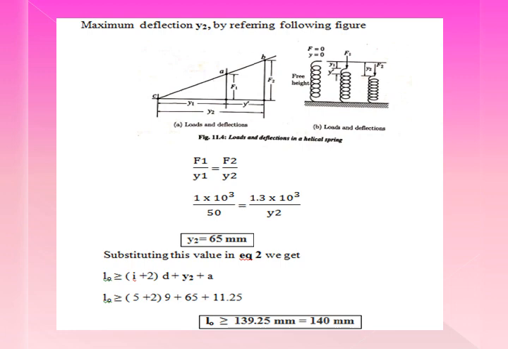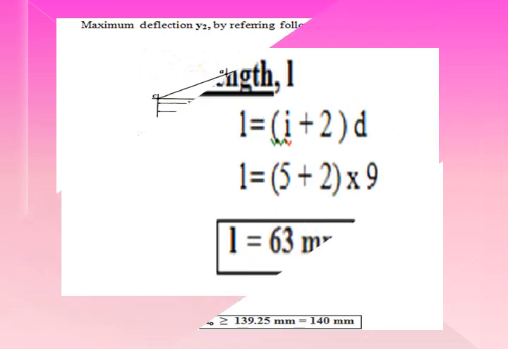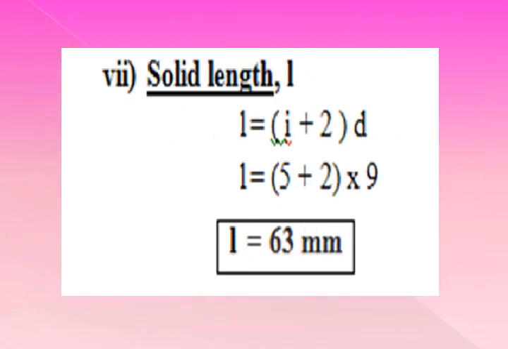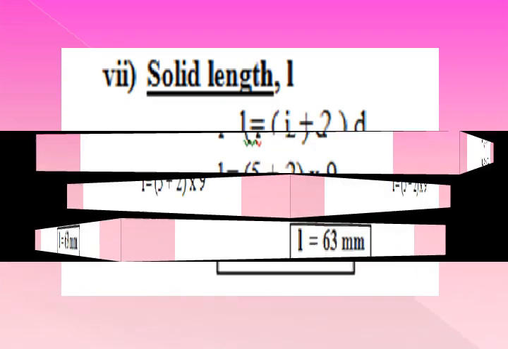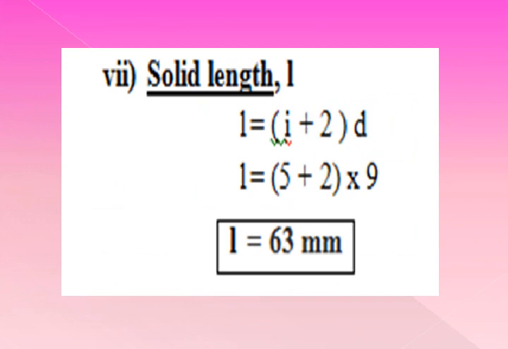This is the free length of the spring. After this, we'll get the value of the solid length L. Solid length L is equal to i plus 2 into d, that is L equal to 5 plus 2 into 9. So we are getting the solid length of the spring L equal to 63 mm. Number of turns into diameter, that is the solid length L.